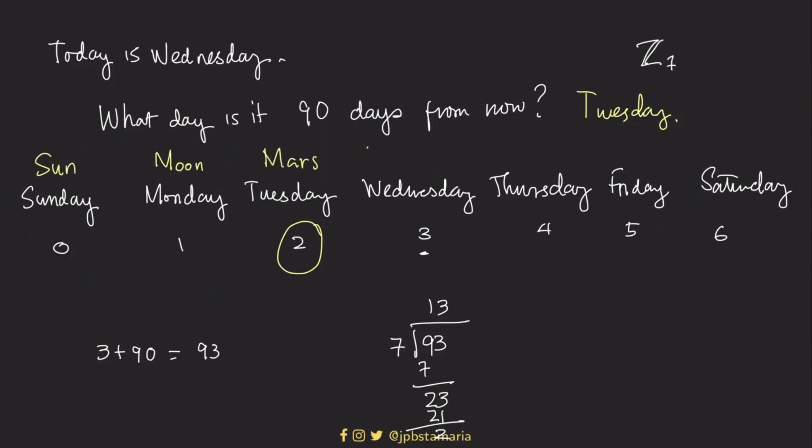Wednesday is Mercury. Thursday is Jupiter. Friday is Venus. Saturday is Saturn. So Saturday is Saturn day. Sunday is Sunday. Monday is actually Moon day.